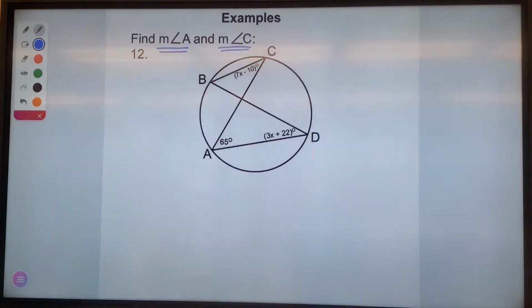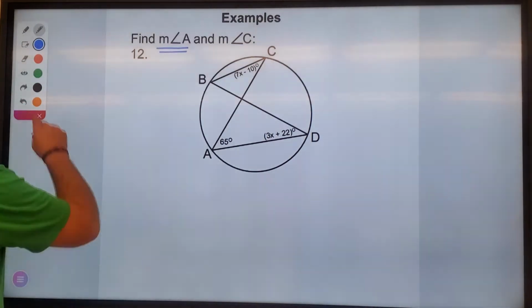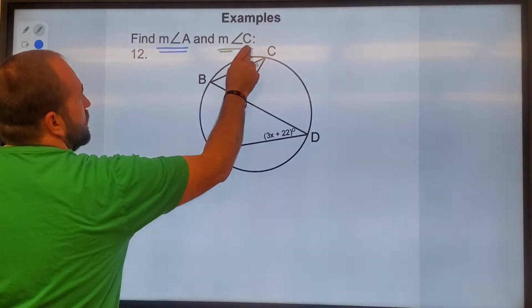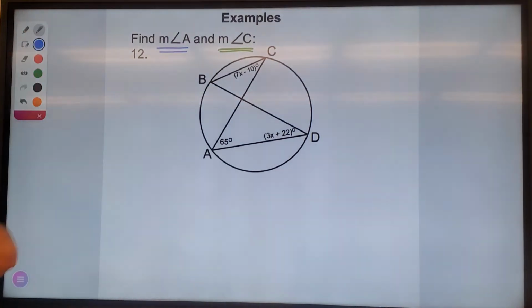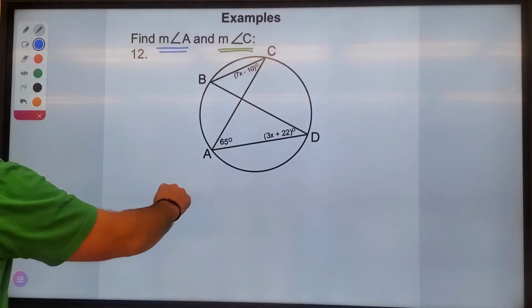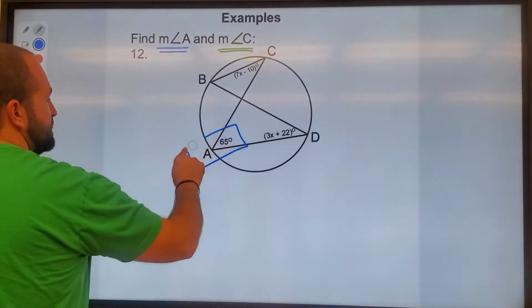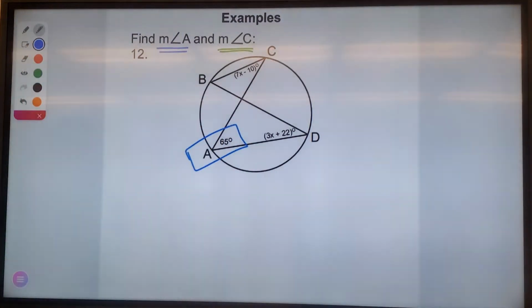If I'm finding the measure of angle A, let's do angle A in blue and angle C in green there. Angle A should be real easy because if you look at the diagram given, angle A is already given to you. Angle A is equal to 65 degrees. It's right there.